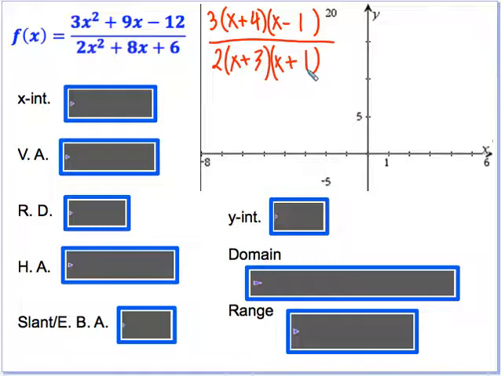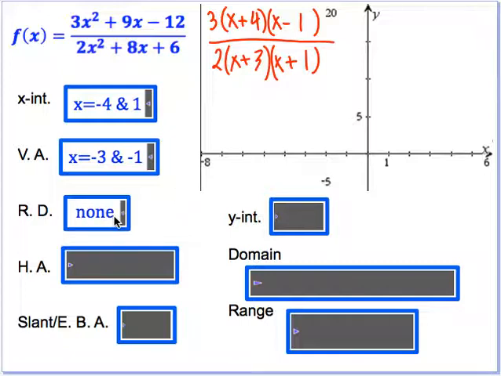Okay? Now notice, because we have different signs here and here, we are not going to have removable discontinuity. In this case, our x-intercepts would be negative 4 and positive 1, vertical asymptotes negative 3 and negative 1. No removable discontinuity.